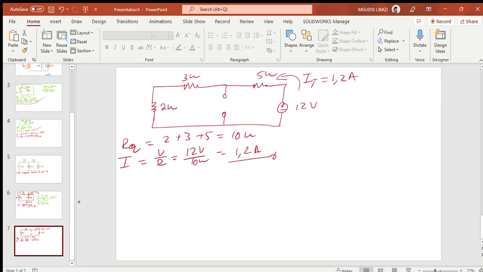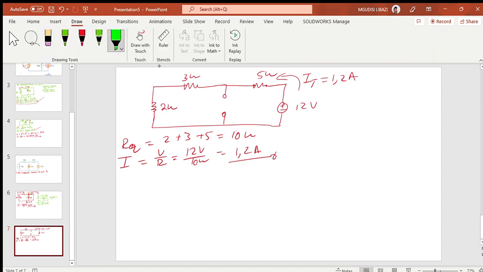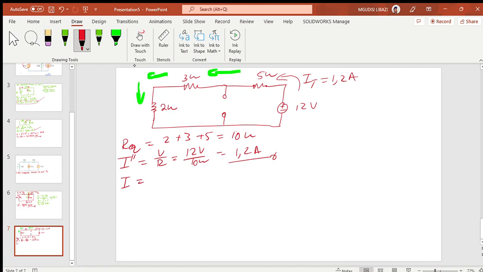In the second example, the current was also traveling downwards, because the current will be traveling that way, that way, that way, so it's still downwards. So now we can call this I prime prime. The actual I at 2 ohms is going to be I prime plus I prime prime, and they are both positive because the direction is the same.